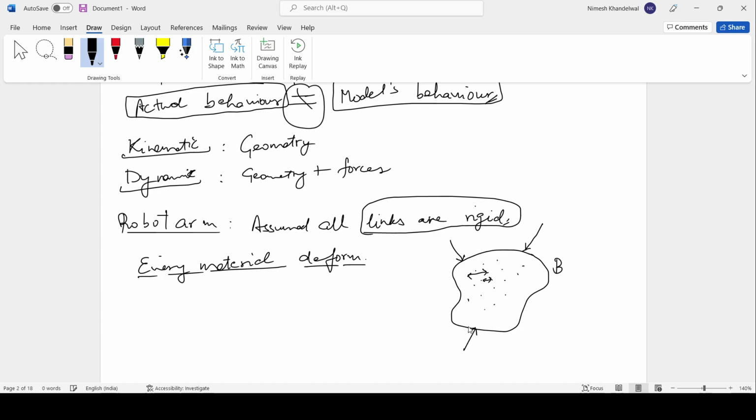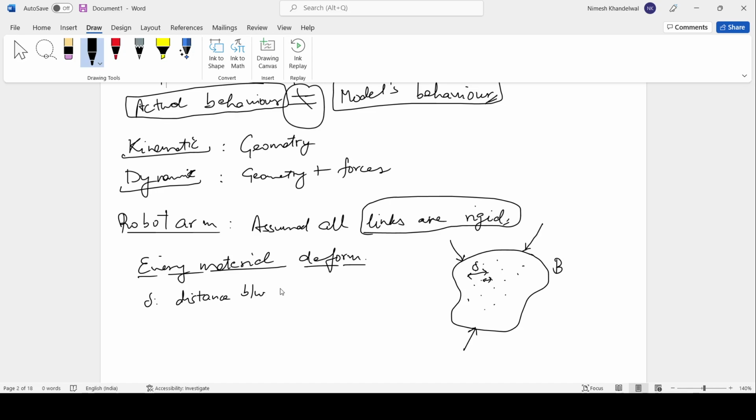That is what we mean by a body to be rigid. Let us say this is delta, the distance between any two arbitrary points.